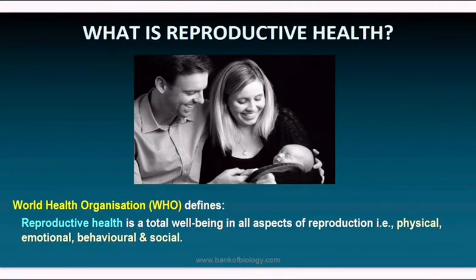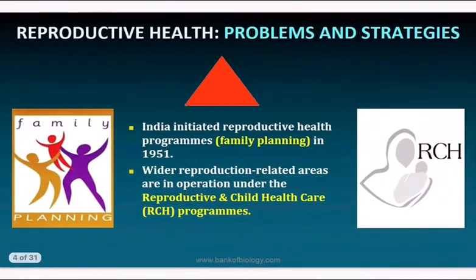The main aim of such programs is to create awareness among people about reproductive organs, accessory organs of reproduction, secondary sexual characters, adolescence and associated changes, safe and hygienic sexual practices, and not to forget the most dangerous ones, STDs, sexually transmitted diseases. Maternal and child health services and family planning are the most important programs of healthcare centers. So the Government of India is also doing a lot in this regard.